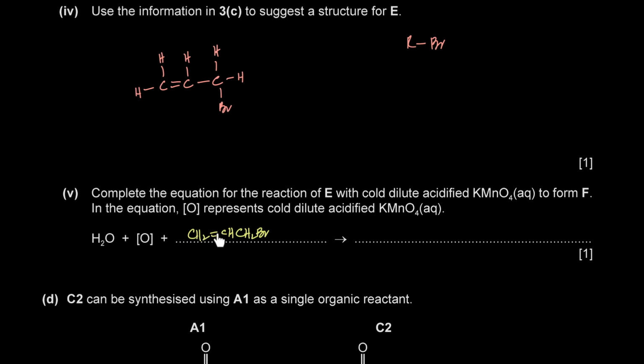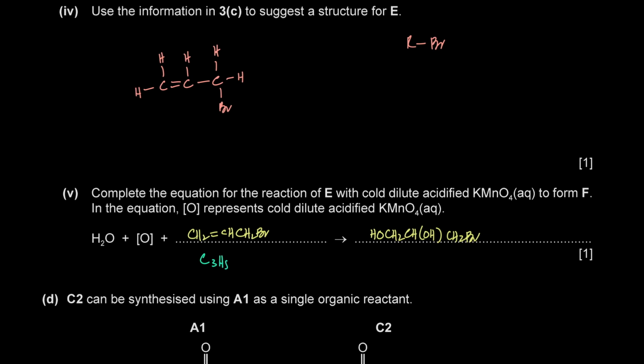Two OHs are adding on, one on each of the carbons on the double bond. So the product that we get here is CH2OH, CHOH, CH2Br. If you do have difficulty writing down the structural formula, you can just write down the molecular formula.